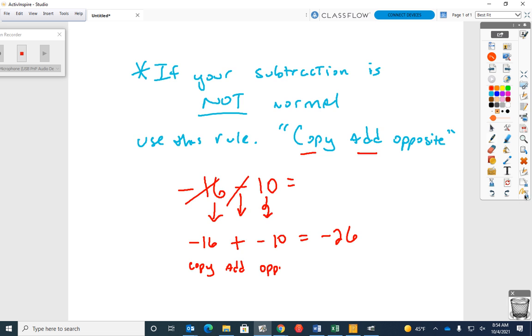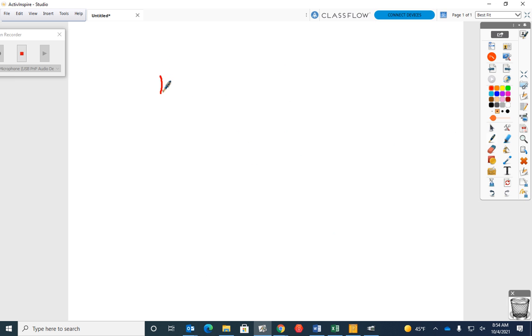Let's try another one. Let's say I've got 12 minus negative 8. Look at that problem. Is it normal? No. What's my rule? Copy the opposite. So this first one, I'm just going to copy it.